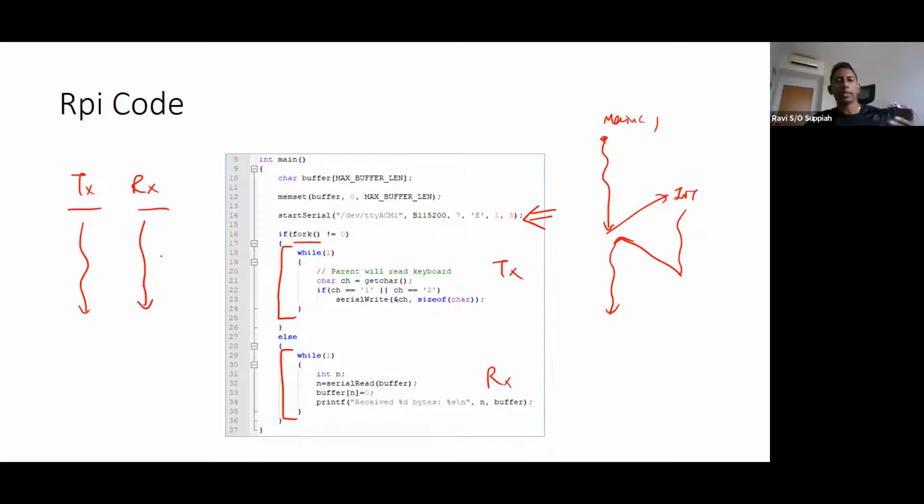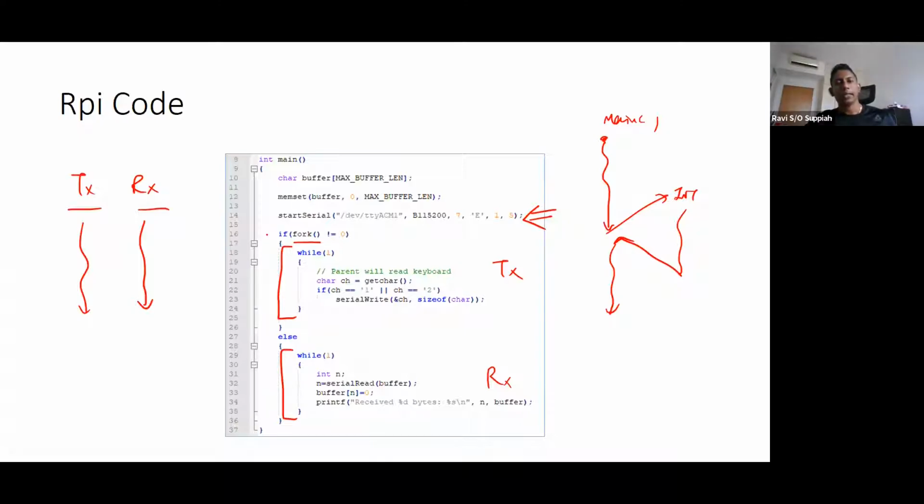Whereas in RPi, what is happening is you're running in parallel. Of course, this idea of parallel is, we're not going into the details, but this is what we call multitasking or concurrent programming, where you have two tasks running together at the same time.